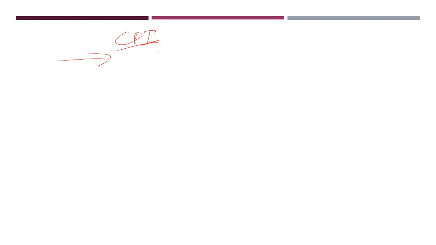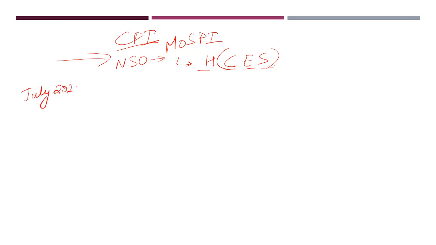The data is collected by the NSO, that is the Ministry of Statistics and Programme Implementation, through the Household Consumption Expenditure Survey, CES. As of now, in July 2023, as we are discussing this article, the first round of CES is underway. The second round will be conducted next year, in July 2024.